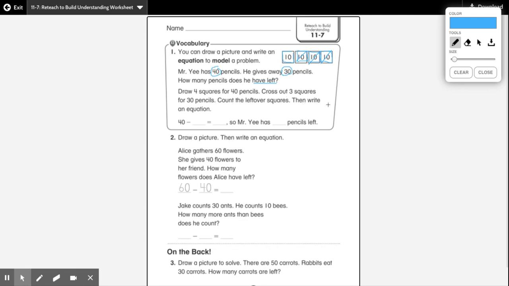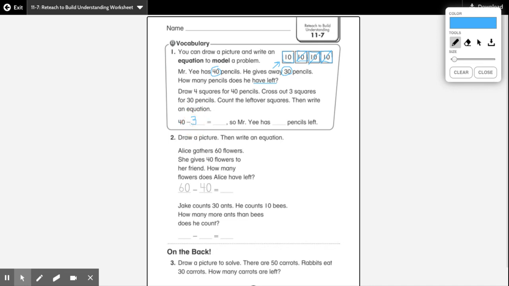Count the leftover squares, then write an equation. Okay, so we've got only 1 leftover square, right? Just this one. So 40 minus blank equals blank. 40 minus, how many did we take away? We took away 30, right? We crossed off 3 tens.